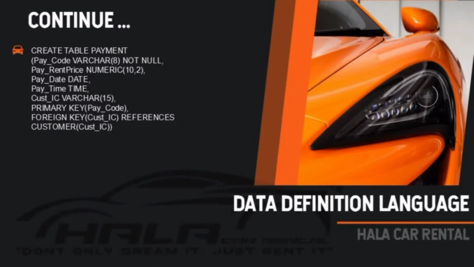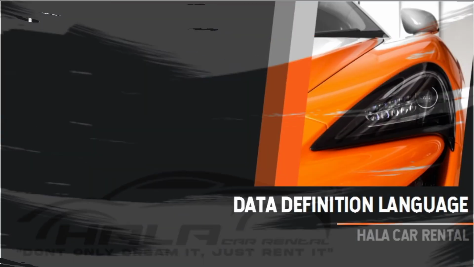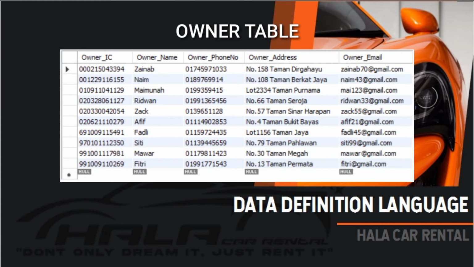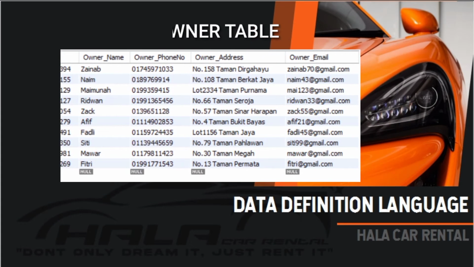Last but not least, after we create all of the tables, we insert all of the values based on the attributes needed. This is an example of the table with their values.